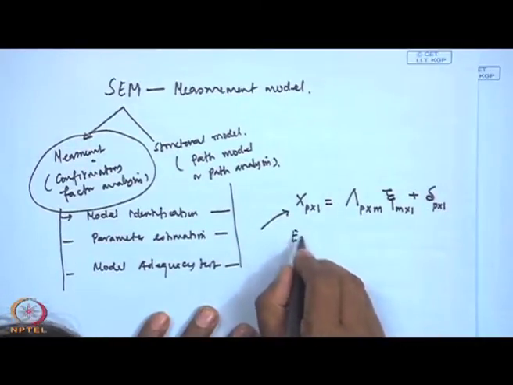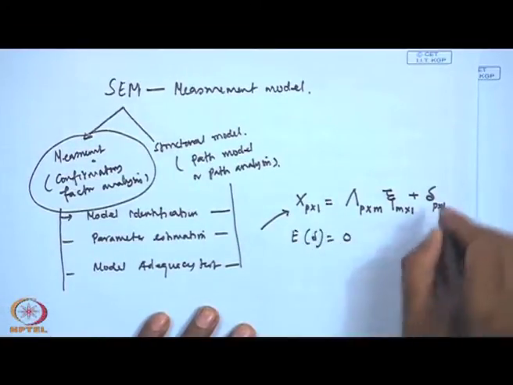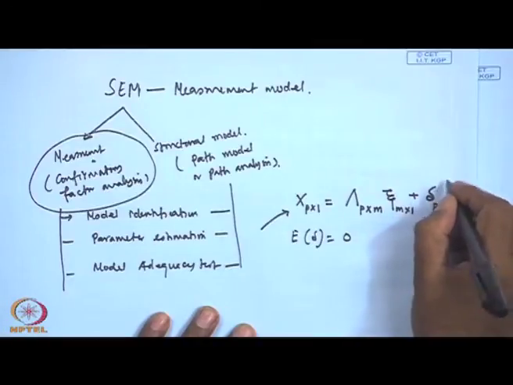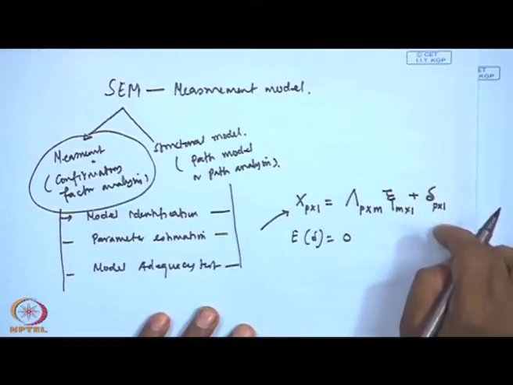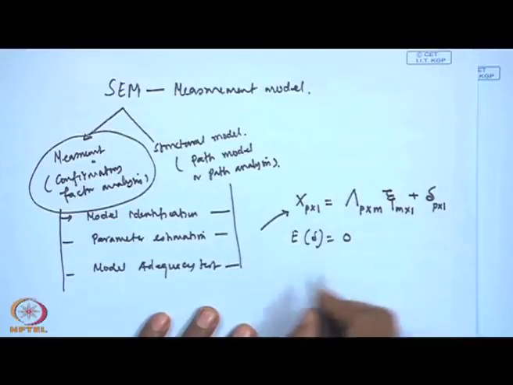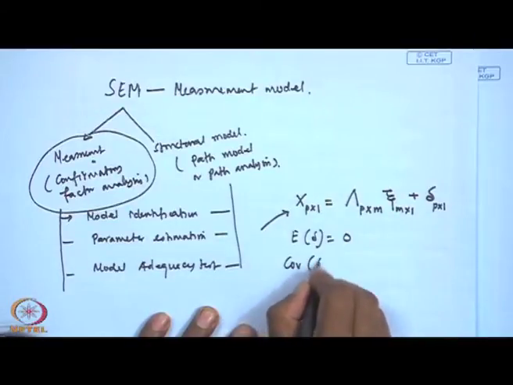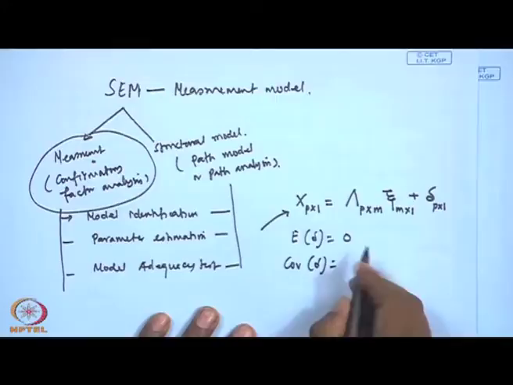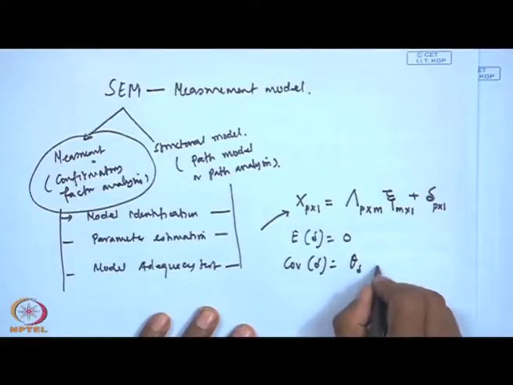We assume that the expected value of delta equals 0, that means the noise variable, the error terms, have mean 0. The covariance of delta is theta, or you can also write theta delta, and it is symmetric.